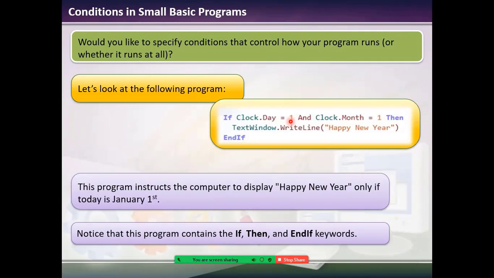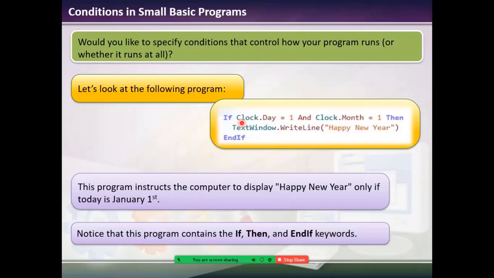Today's date is 19th of July 2022, or 19-7-2022. The other condition is that the month should also be equal to 1. If the day and the month are equal to 1, that date becomes January 1st. So this should be the condition.